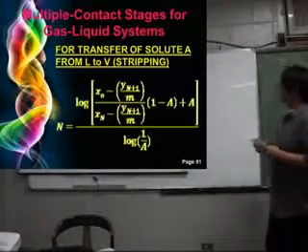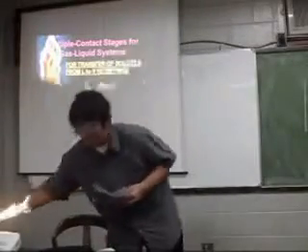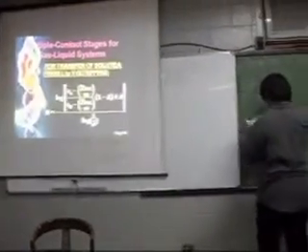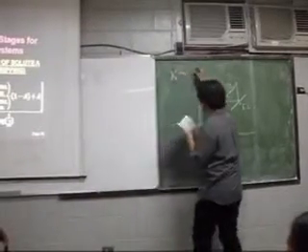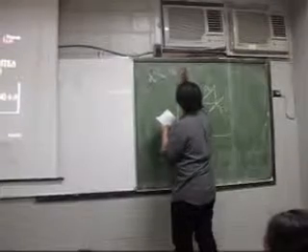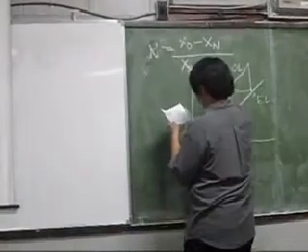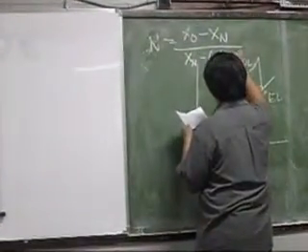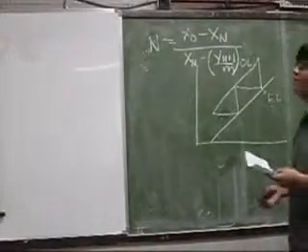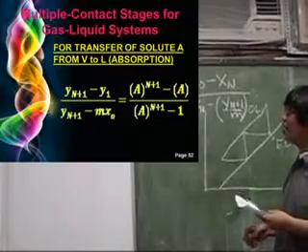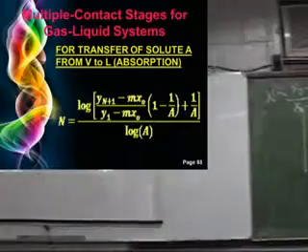But if we assume that A is equal to 1, we will have this equation. There, we have that equation for stripping. Next, for absorption, we have this equation and this equation.